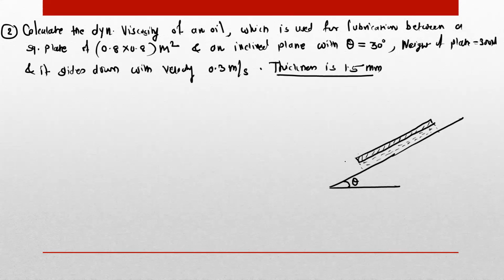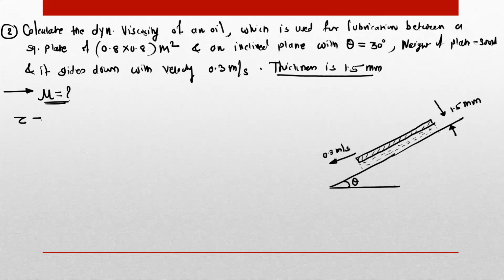Okay, and this plate moves in the downward direction with the velocity of 0.3 meter per second. And this gap between the inclined plane and the plate is equal to 1.5 millimeter. Okay, so we have to find out the dynamic viscosity. So the question is to find out the mu value.